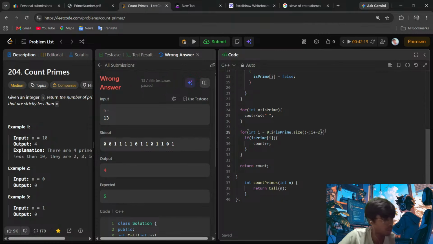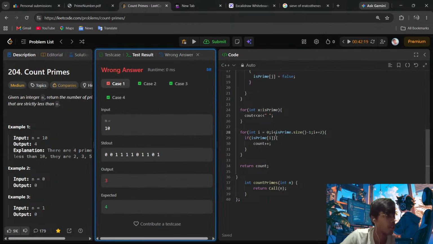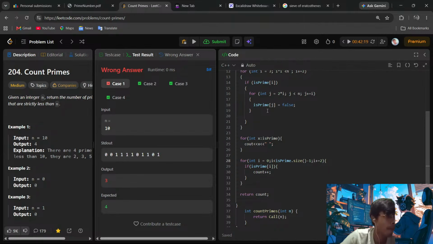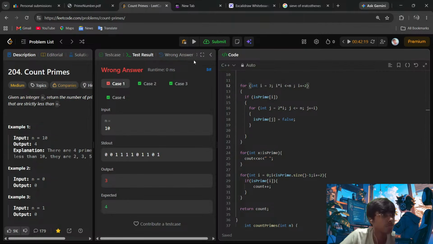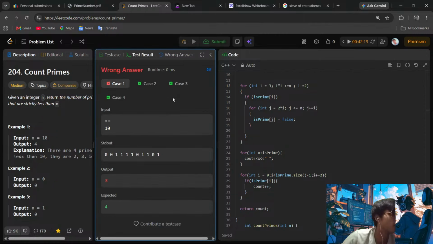How will I have to take array size minus 1? Because I don't have to take n. So if I don't have to take n, I don't have to take n here.